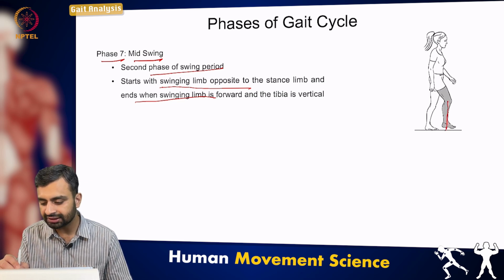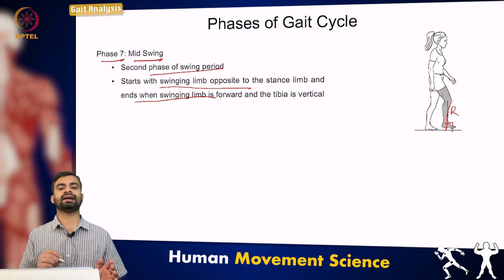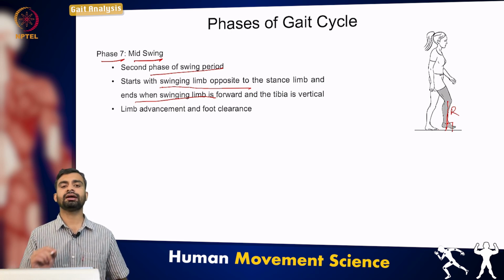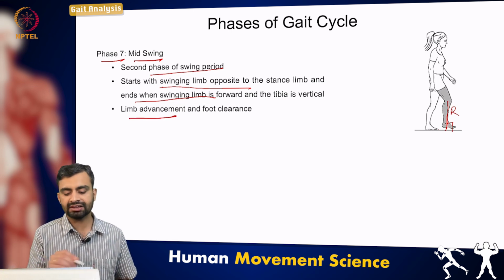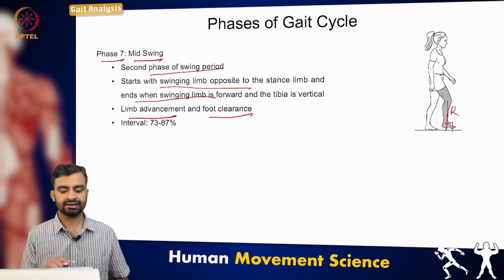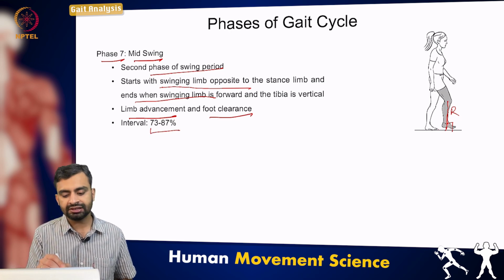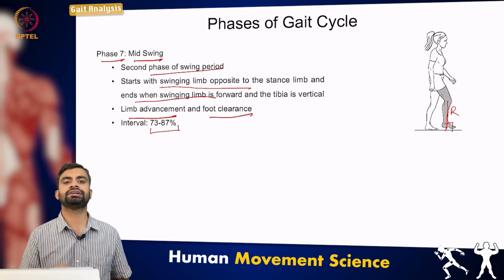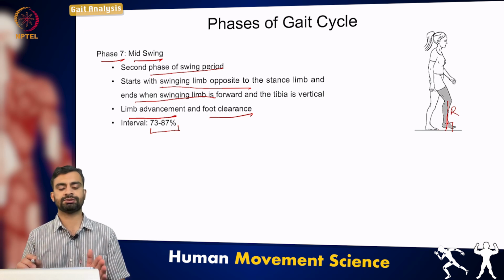So over here you can see the tibia of the right leg is approximately at 90 degrees. It helps in limb advancement and foot clearance, and usually happens in normal individuals between 73 to 87% of the gait cycle.